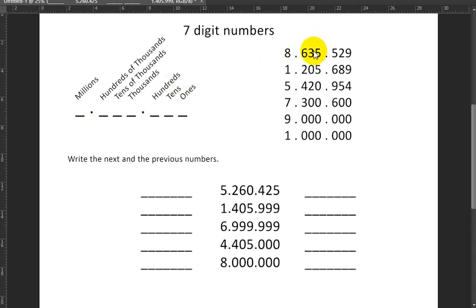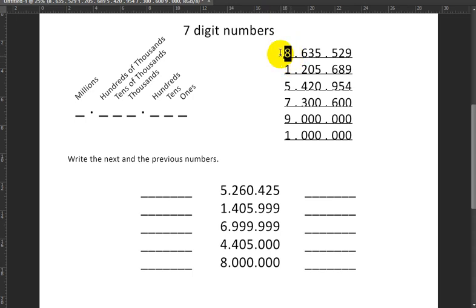Now, what I want us to do here is to try and read these numbers together. The process for doing that is similar to how we read thousands. When we have millions, we basically try to read the number that's in front of the millions dot first as if it's alone.